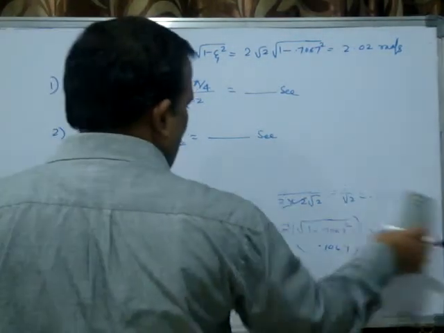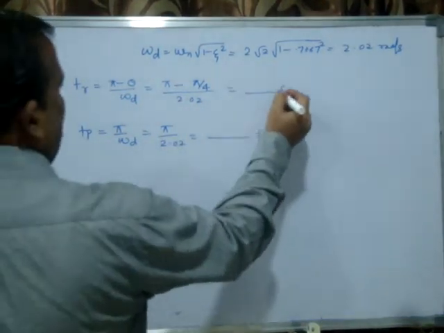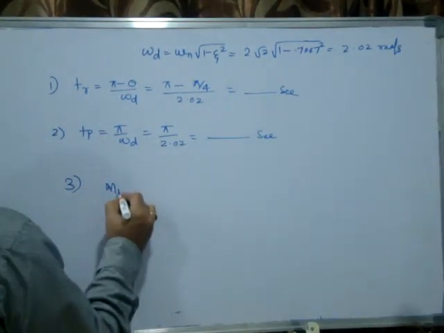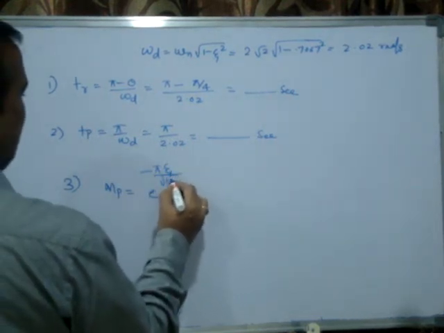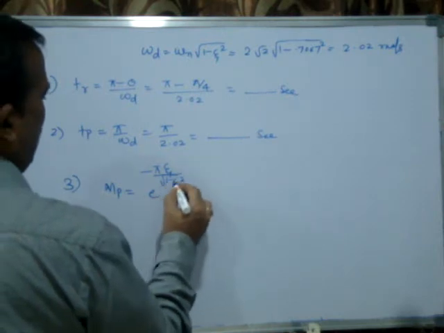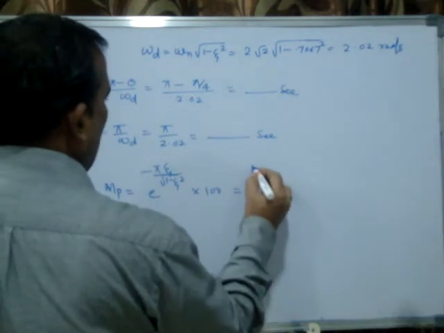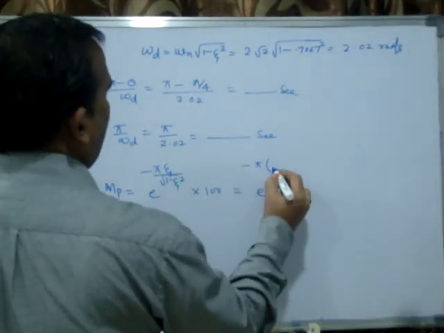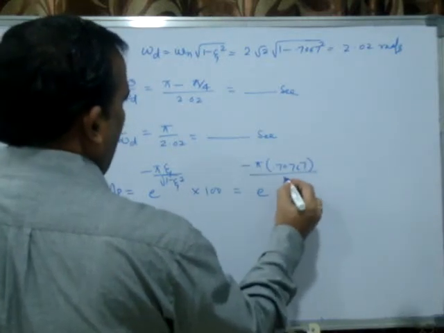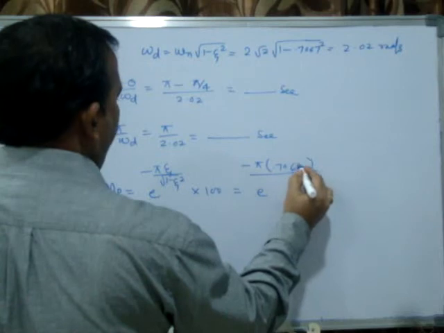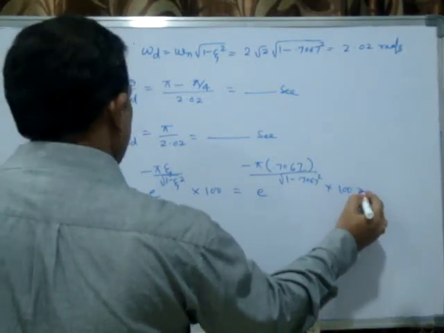And next is MP. Okay, you calculate and write down. MP equal to e raised to minus pi zeta divided by root of 1 minus zeta square, into 100. So e raised to minus pi into 0.7067 divided by root of 1 minus zeta square, into 100.